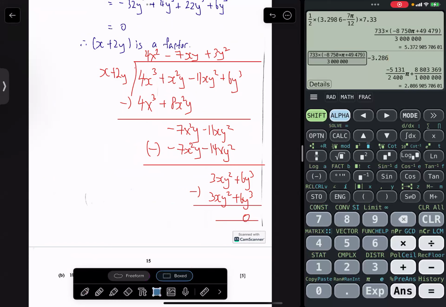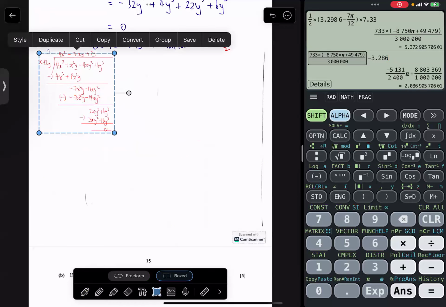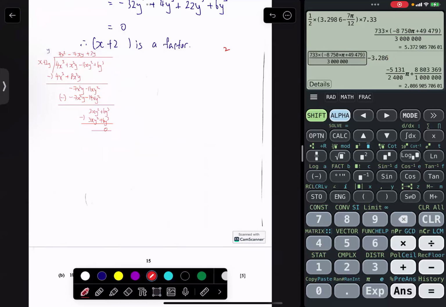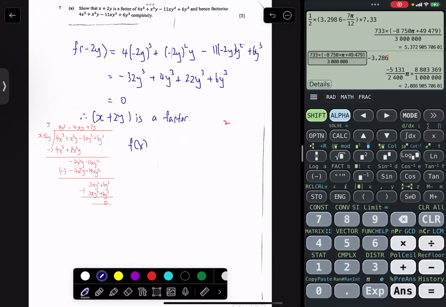Okay, shrink down the long division. So that means f(x) equals x plus 2y bracket 4x squared minus 7xy plus 3y squared.